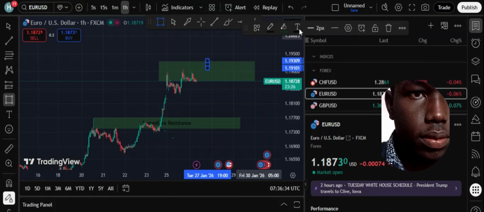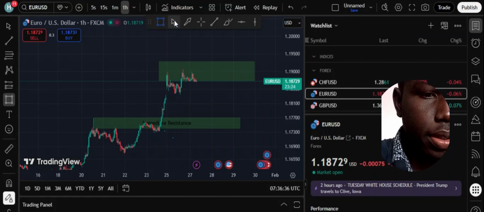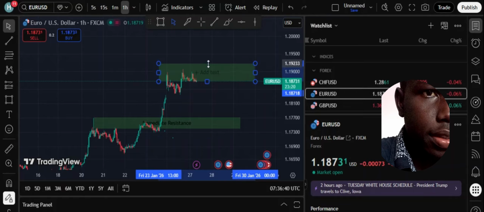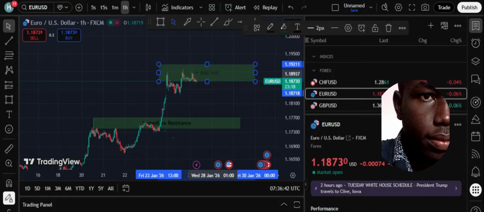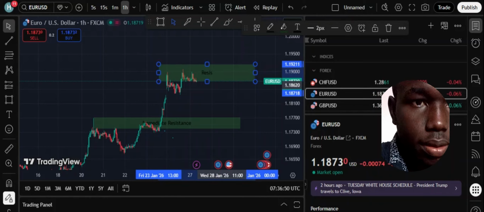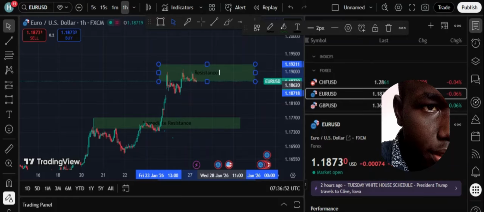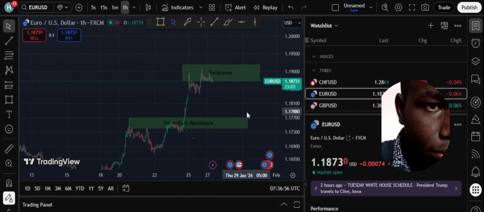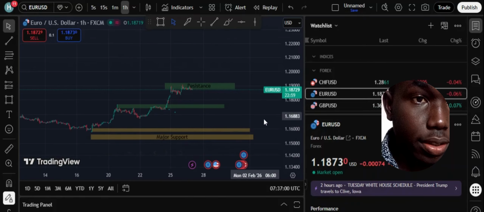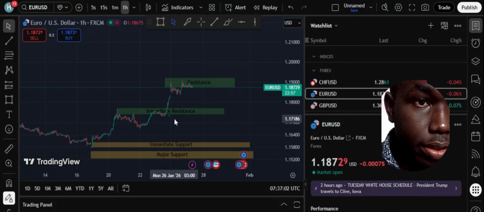Let's put it as our resistance. That is going to play as our resistance. So what are we seeing here? We're seeing the supports and resistance that we have formed, and hopefully, let's go. We want to look for an entry.